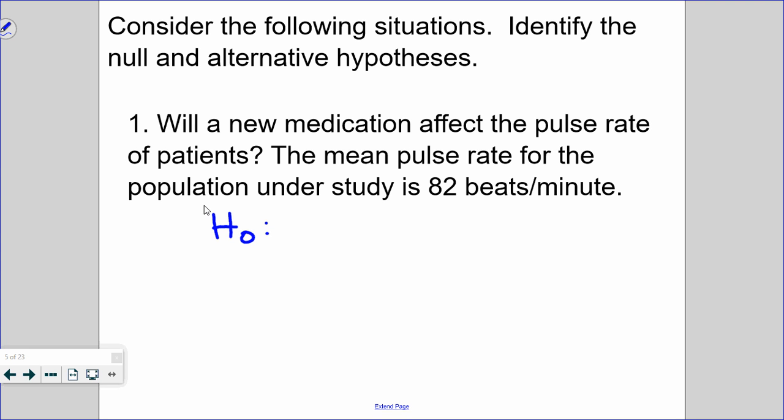what parameter are we looking at? What does parameter mean? A statistical parameter.